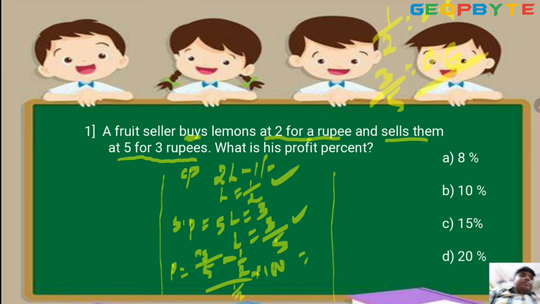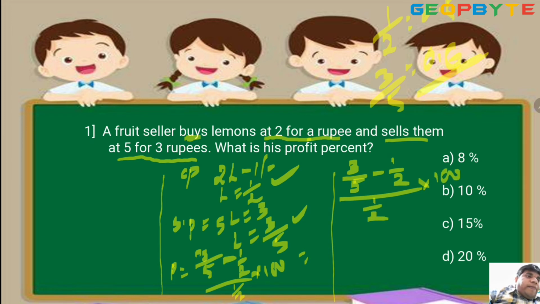Simplify. 3 by 5 minus 1 by 2, upon 1 by 2, into 100.